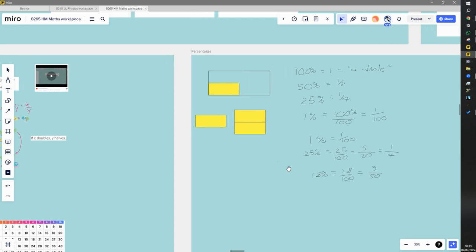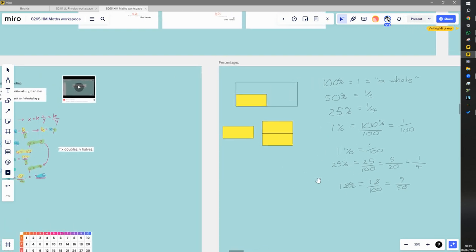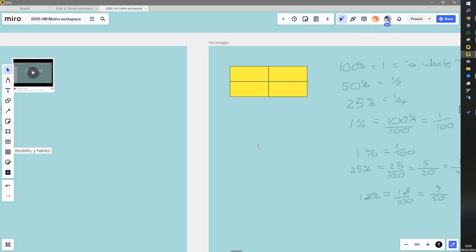The other thing I want to talk about is the percentages of numbers. So let's go back to my cake example. Right, so that's my whole cake chopped into 4 bits. We've just seen that each bit is 25%.